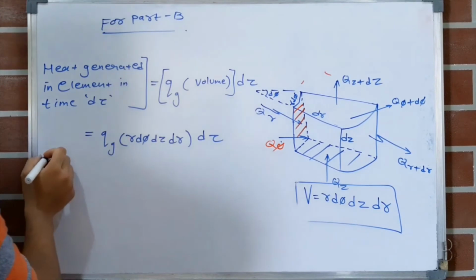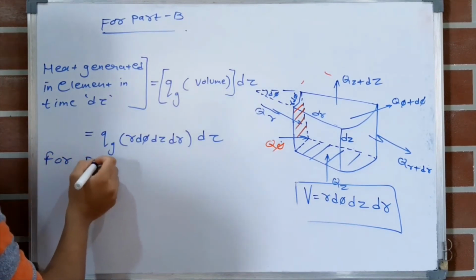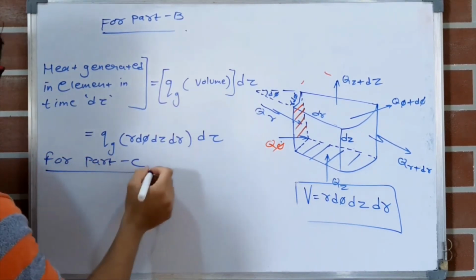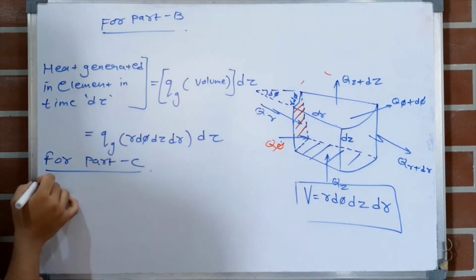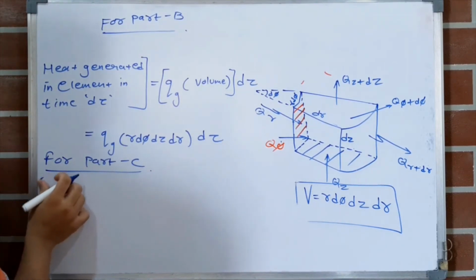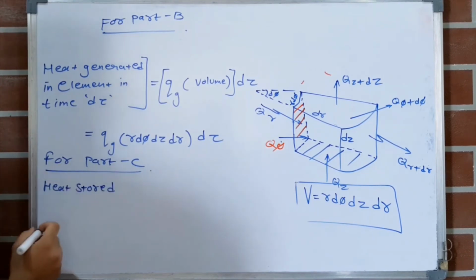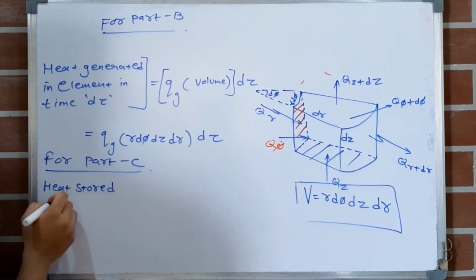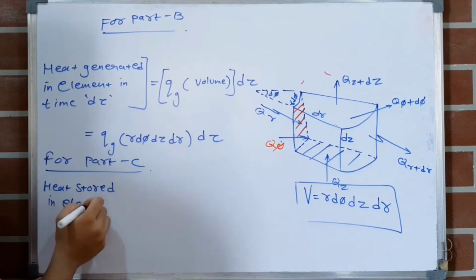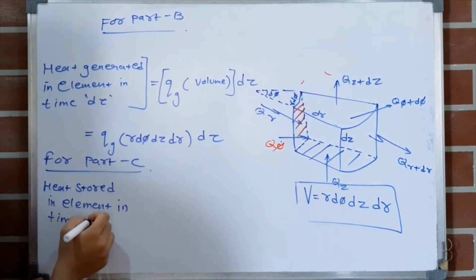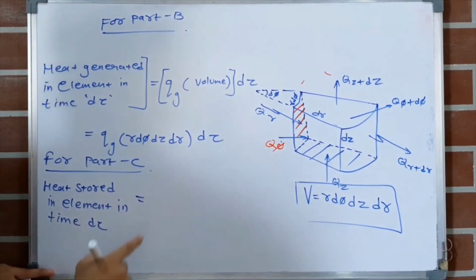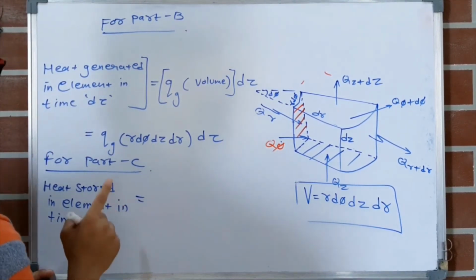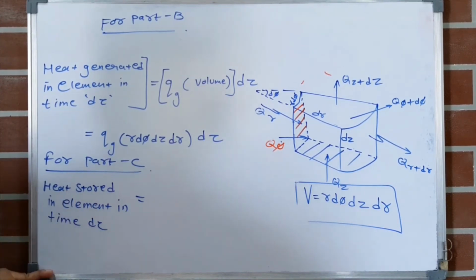Now for part C, that is heat stored in the element in time d tau. Again we can write here change in internal energy in time d tau also. This is the same as heat stored in the element in time d tau.